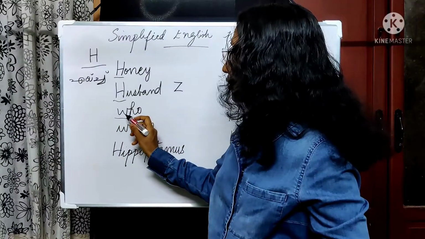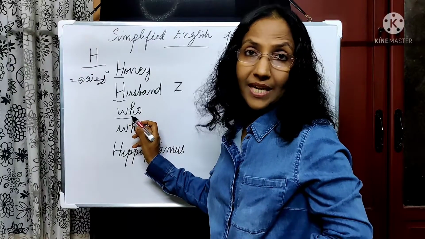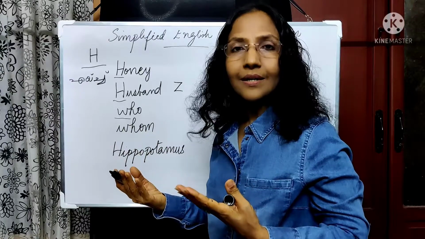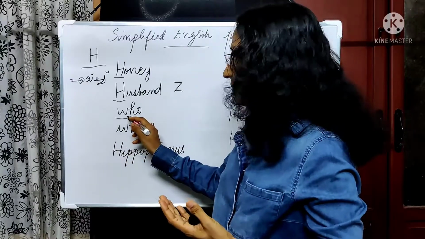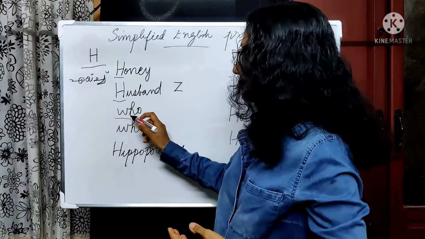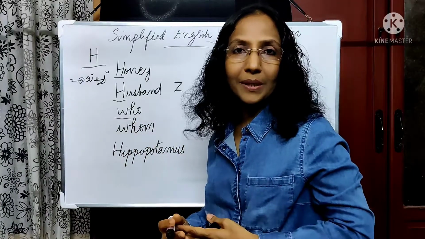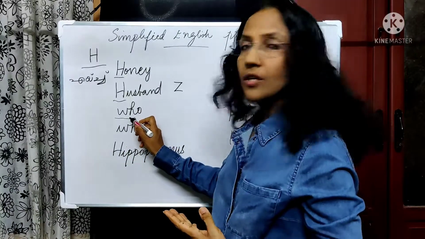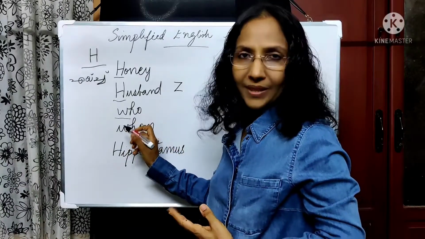See here, we have the combination W and H. But see, the pronunciation is H. Okay, it's not a different phoneme, but H. H is the sound. So we have who, that is the sound.